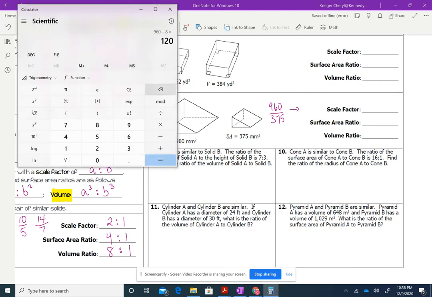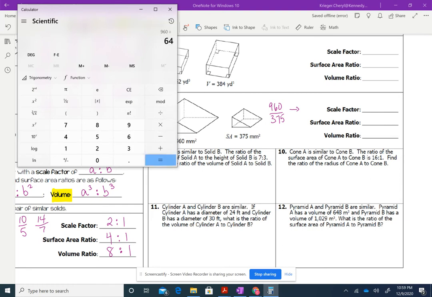Well, that worked. Let's try something else. 960 divided by 16 is 60. That's not a perfect square either. 960 divided by 14? Nope.